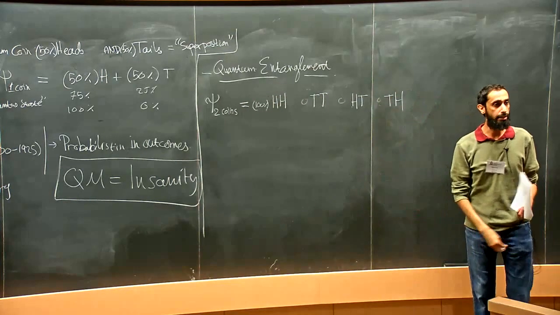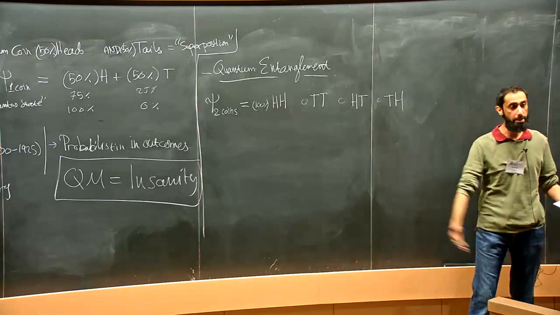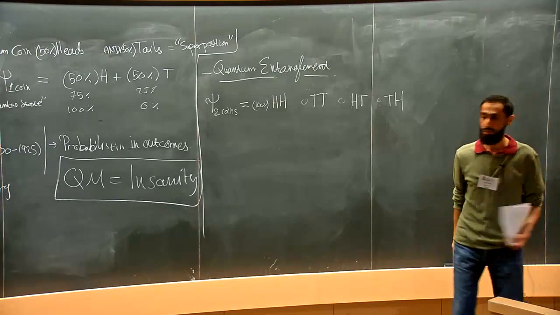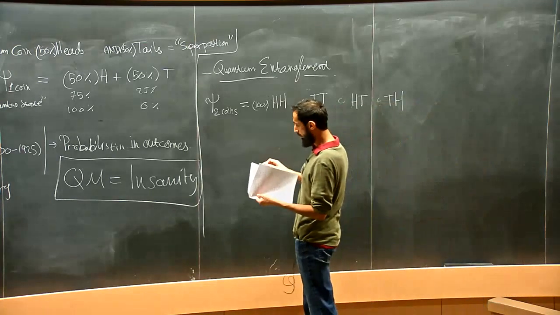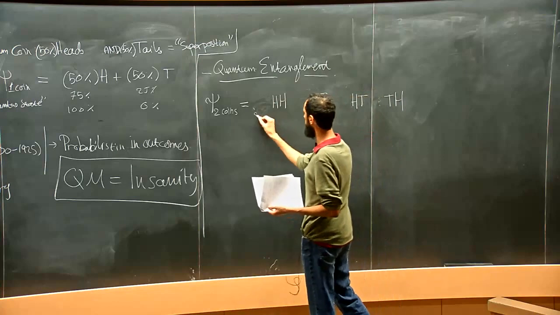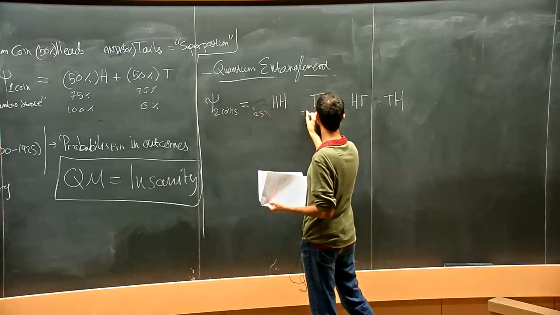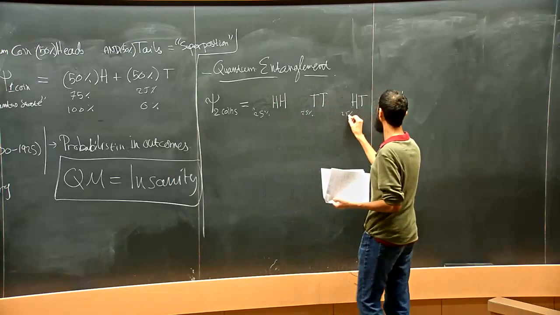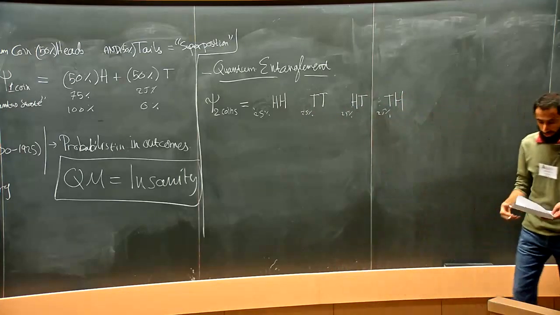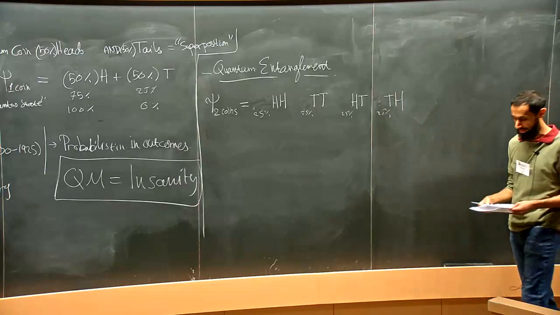This means that in the experiments you do, you'll always find heads for both coins. Or you can make it completely fair, with 25% for each one. Then it's completely random.